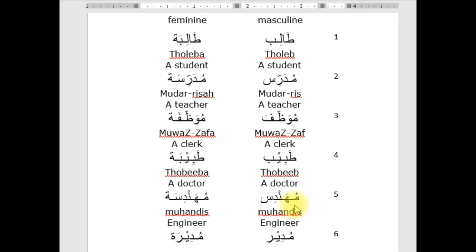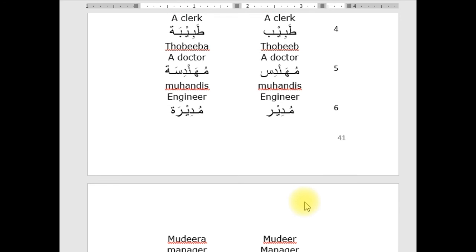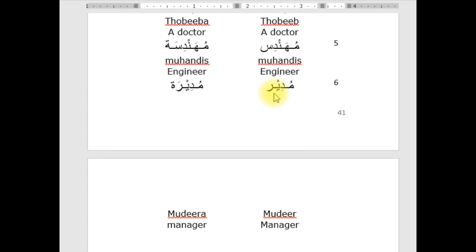مهندس, a male engineer. مهندسة, a female engineer. مدير, a male manager. مديرة, a female manager.